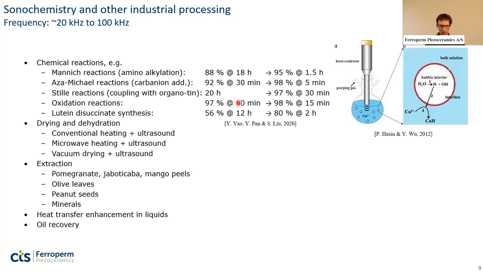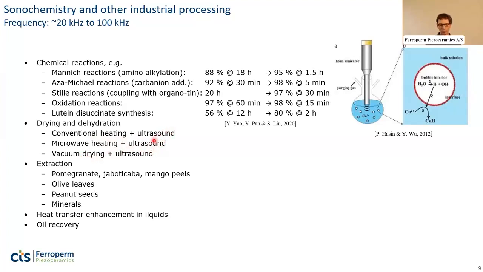Okay, moving on, there are some other examples of using ultrasonic energy to enhance certain processes. So, for example, if you want to dry or dehydrate some material, you can combine conventional heating with ultrasound or other types of heating, like microwave heating and even vacuum drying.